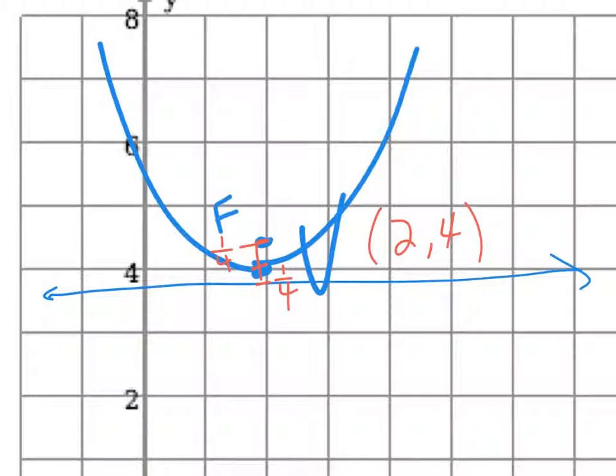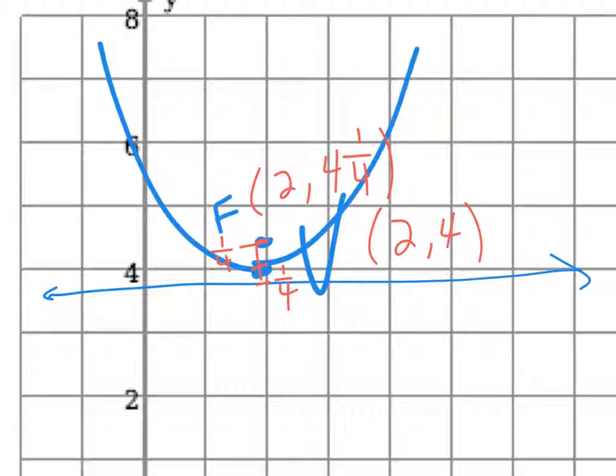So how do I get to the focus? I go 2 and then up 4 and then what? Go up 1/4 more. Does that make sense? So then the focus is going to be 2, 4 and 1/4. Yes, no.